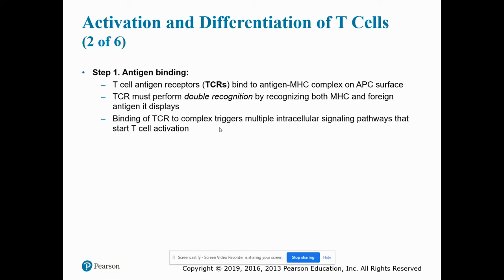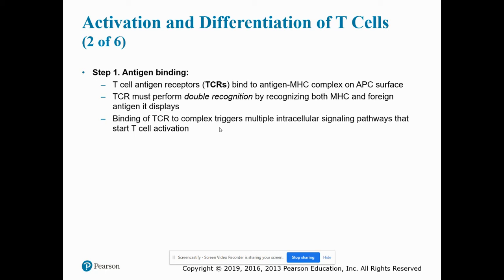And once the antigen presenting cell has engulfed the antigen and presents it, it's going to present it on this antigen MHC complex on its surface. The T cell antigen receptor is then going to bind to that on the antigen presenting cell surface.